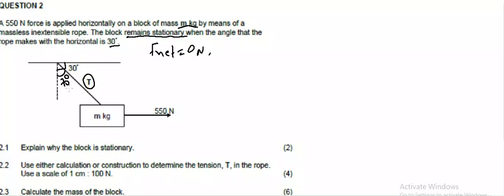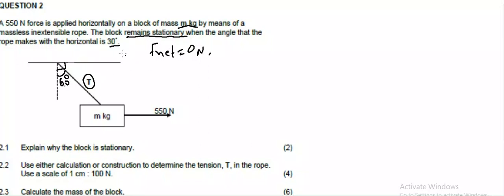It is equal to 60 degrees. The angle that we use is always between the vertical and the rope in this case. Now we have 60 degrees.